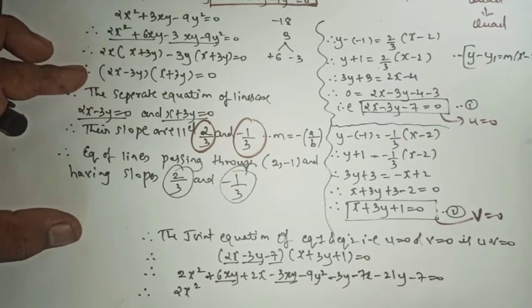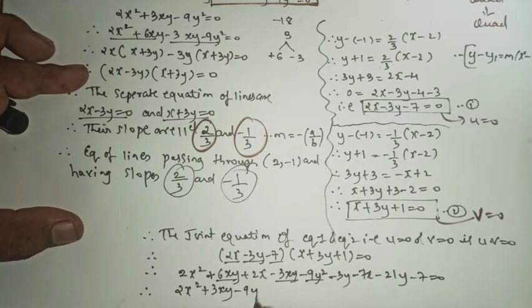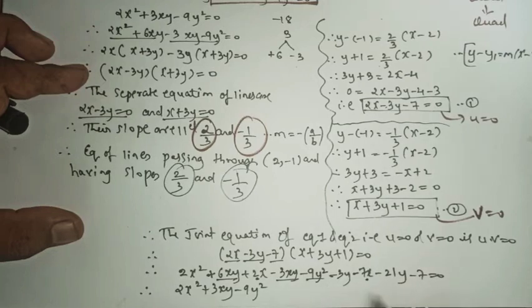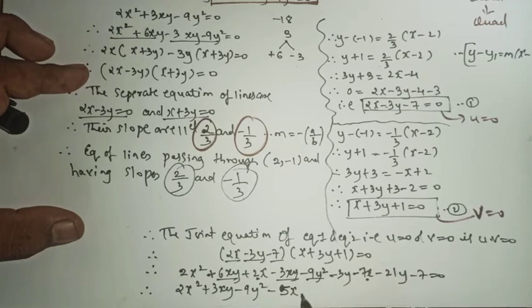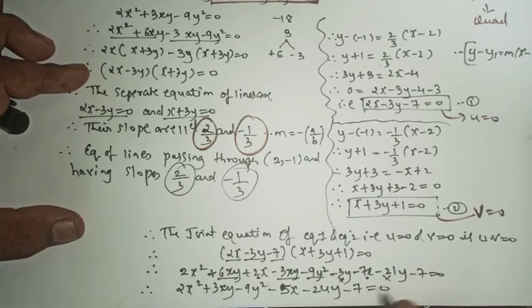See the coefficient of xy, see the like terms, so this will be 3xy. After that y square will come, yes or no? The next part, x, this will be what? Minus 5x, yes or no? After x, coefficient of y, minus 24y. So here we are left with the number, which is equal to 0.